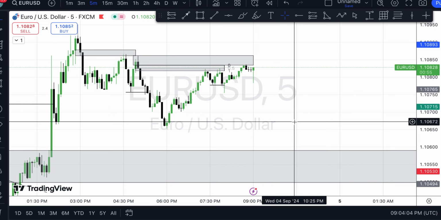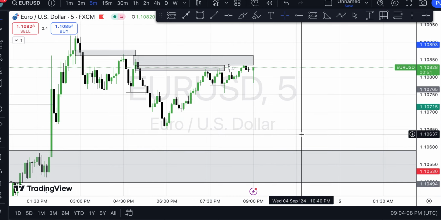So let's focus on this particular topic. Let's not be too forward, and let me give you a summary of the whole candlestick formation.